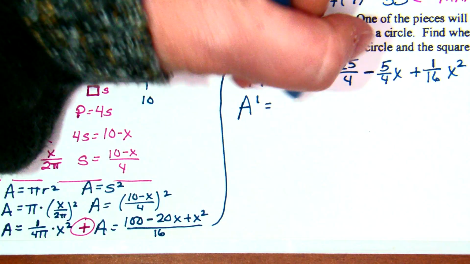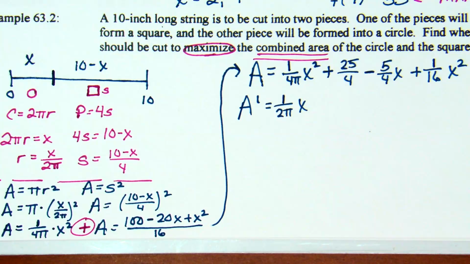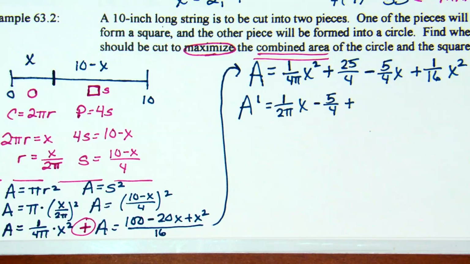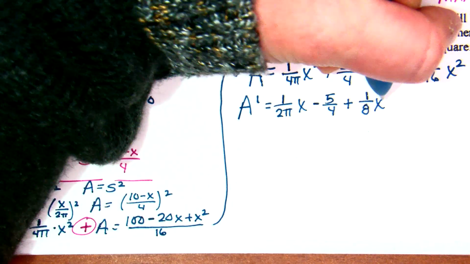Derivative of 25 fourths is gone. Derivative of minus 5 fourths x is minus 5 fourths. Plus derivative of 1/16 x squared: multiply by 2 becomes 2/16 or 1/8, so 1/8 x. To maximize, we need to set our equation equal to 0.